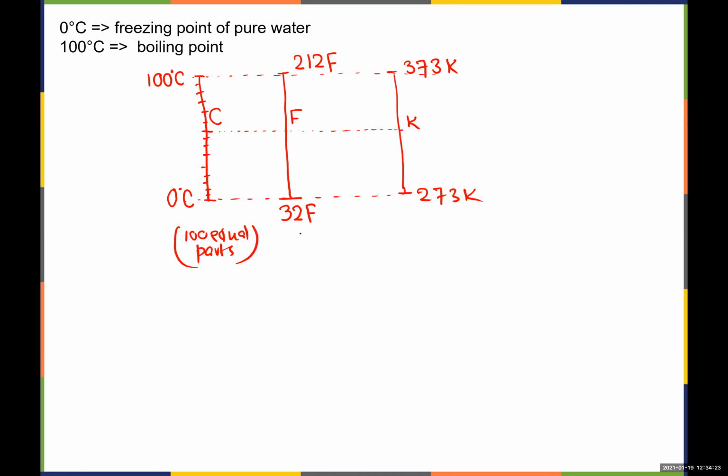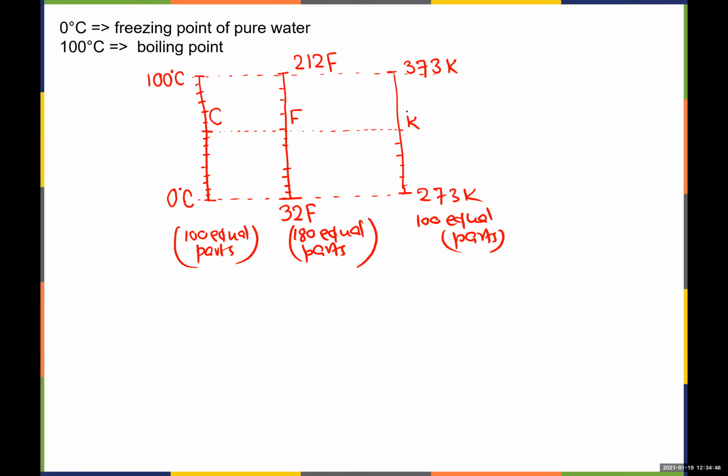into 180 equal parts. So 1, 2, 3 like this. The total is 180. In the Kelvin scale, again, it is equally divided into 100 equal parts.